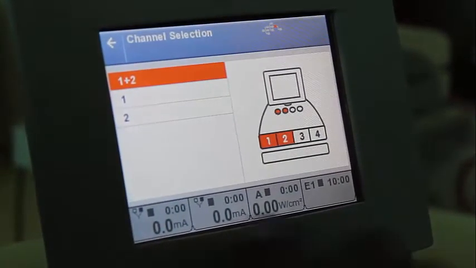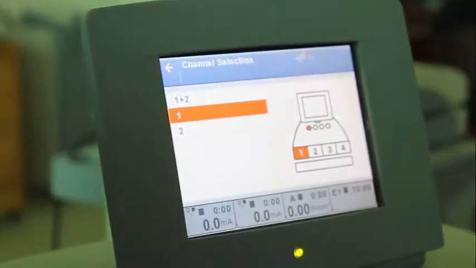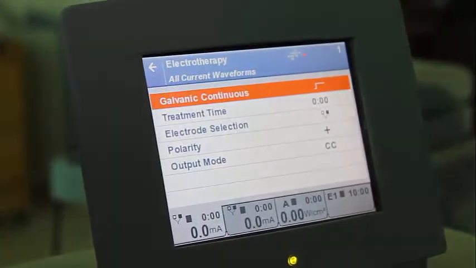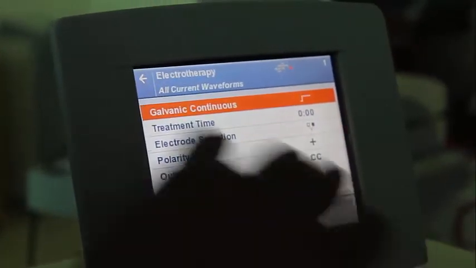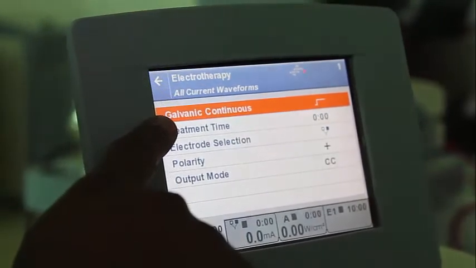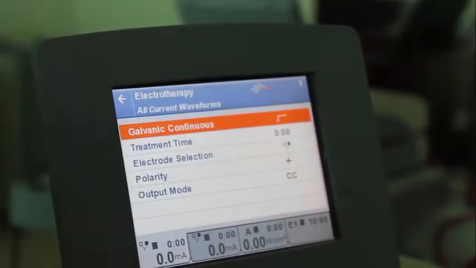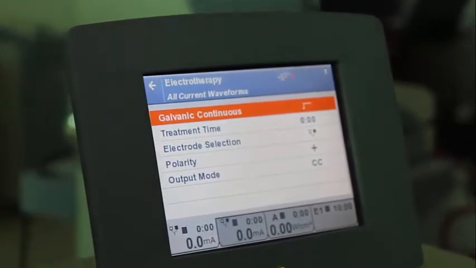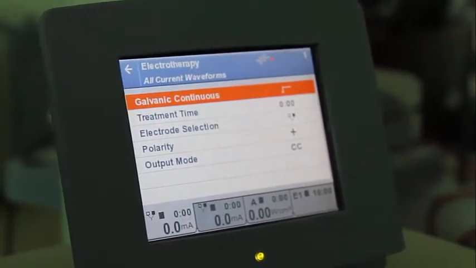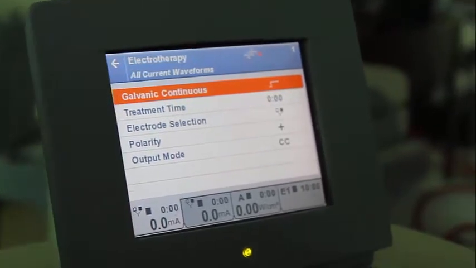This is channel one, this is channel two. I will choose channel one because I have connected to channel one. Now the current is galvanic continuous. You have to use only galvanic continuous if you want to identify cathode or anode.